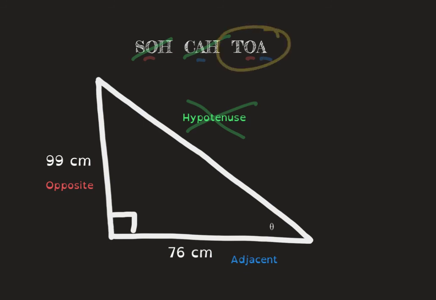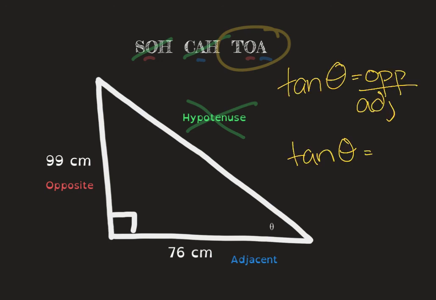It's going to be tan or TOA. So tan is equal to opposite over adjacent. I've just shortened it here so I don't have to keep writing out the long word, but you know what it stands for. So my opposite side is 99 and my adjacent side is 76. Now it doesn't matter that this is an improper fraction. That doesn't matter at all in trig.